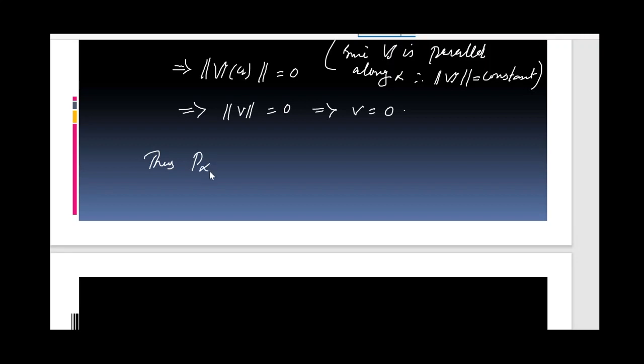Thus P alpha of V equal to 0 implies V equal to 0. So P alpha is 1 to 1.